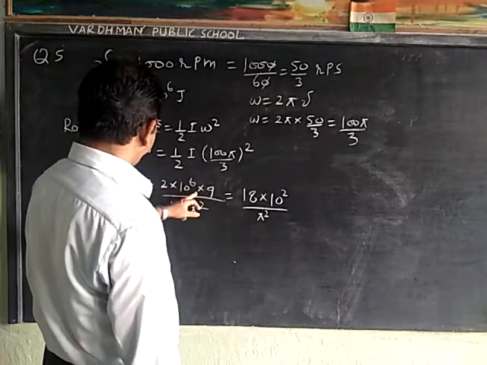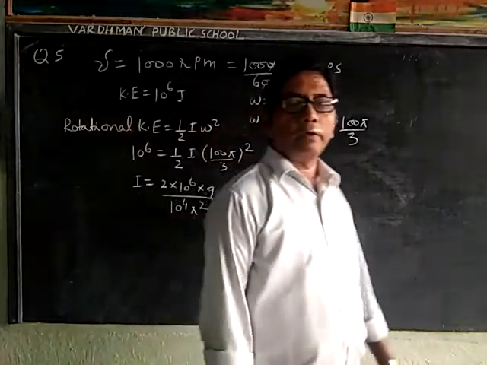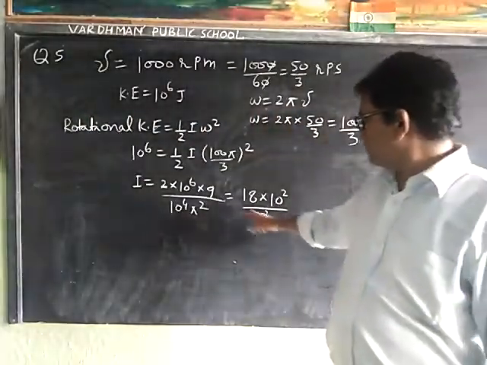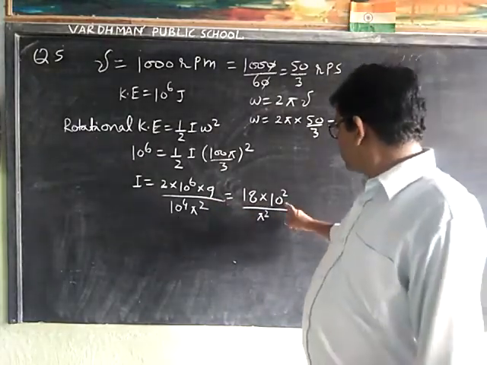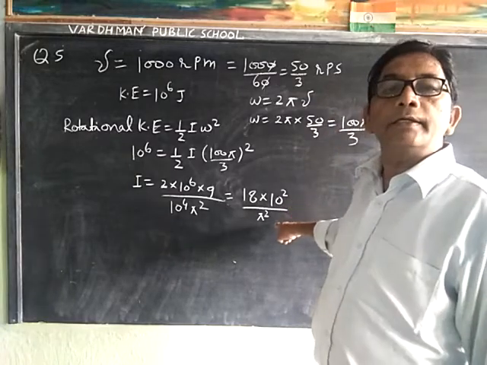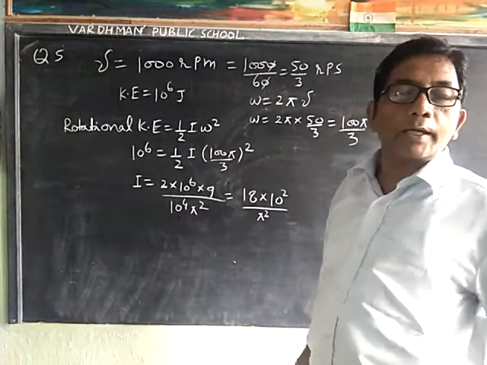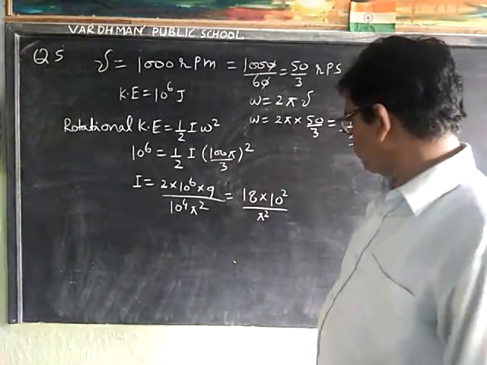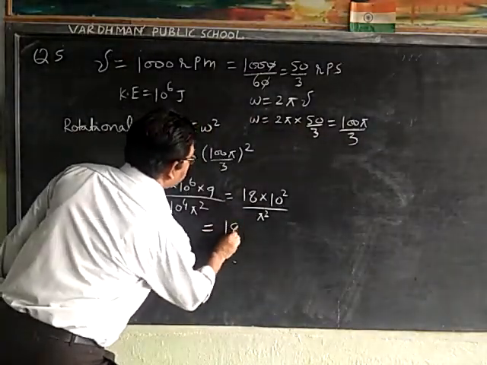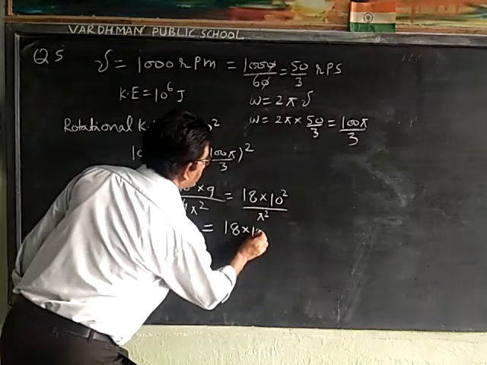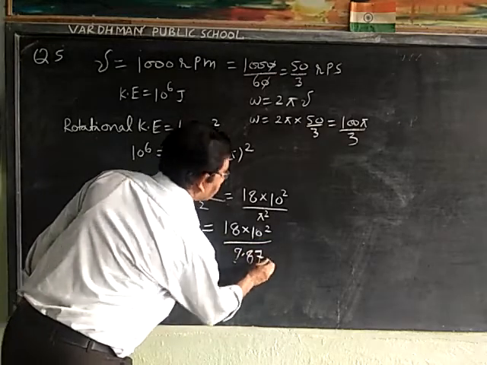Now pi, what is the value of pi? 3.14, and when we square this, it becomes 9.87. Then 18 into 10 power 2 upon 9.87.